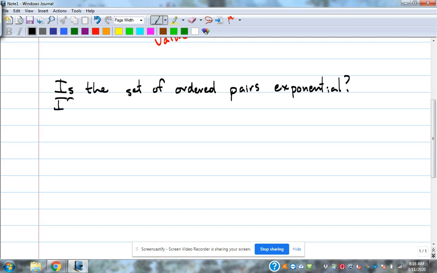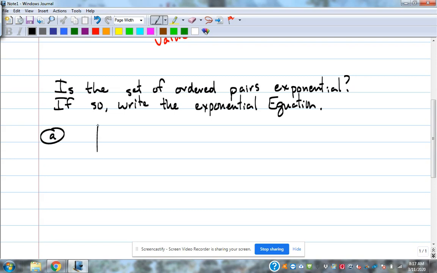If so, write the exponential equation. I'm going to use a table for the first one here. 0, 5, 1, 10, 2, 20, 3, 40, 4, 80. Some ordered pairs there.